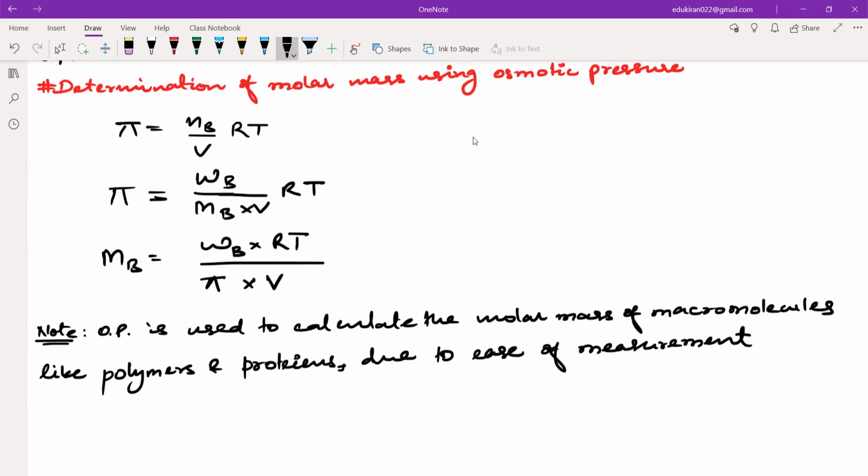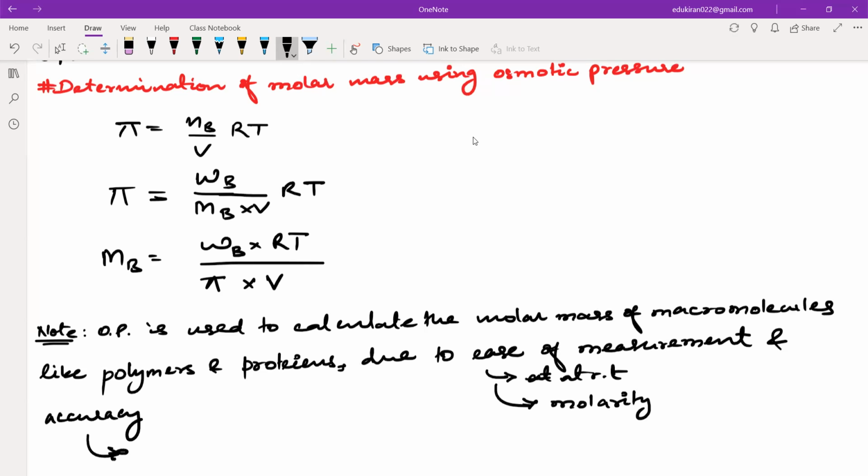Ease of measurement means it can be measured at room temperature, and we are using molarity, which is a comparatively simpler concentration term; we use molarity rather than molality. So these are the two main things: ease of measurement and also accuracy. Accuracy means that when we measure osmotic pressure, the measurement is high.